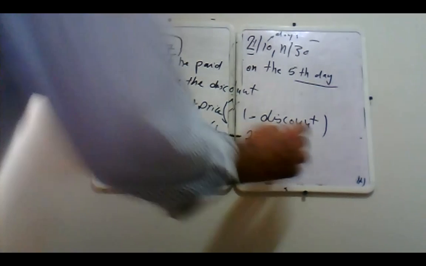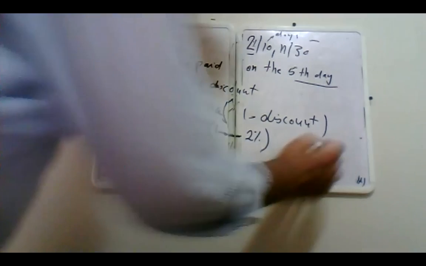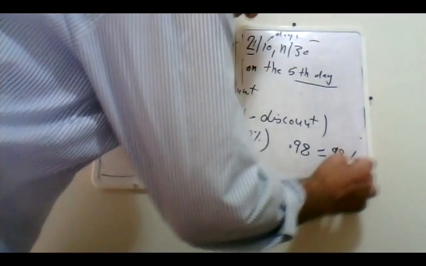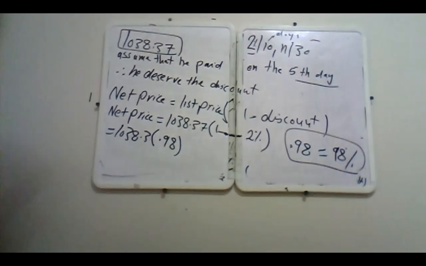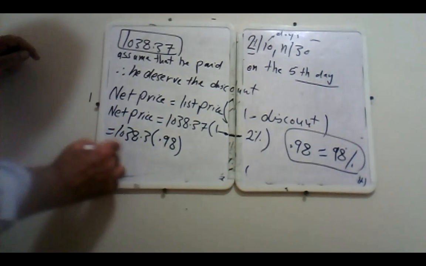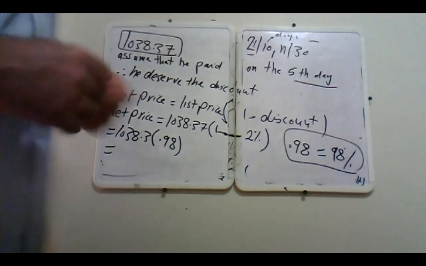You know that 0.98 is exactly 98%. Those are the same. Let us see on the calculator how it will look.